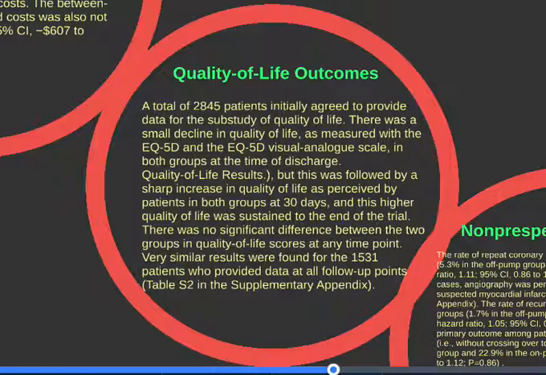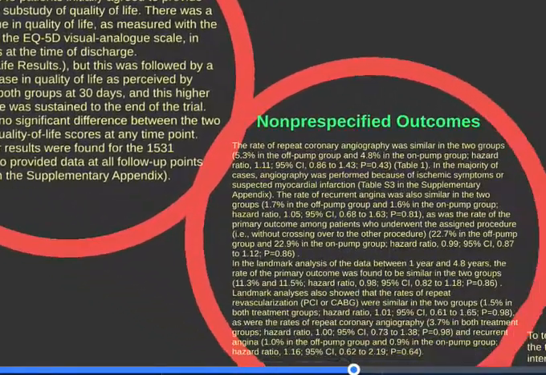But it was followed by a sharp increase in quality of life as perceived by patients in both groups at 30 days, and this higher quality of life was sustained to the end of the trial. There was no significant difference between the two groups in quality of life scores at any time point. Very similar results were found for the 1,531 patients who provided data at all follow-up points.